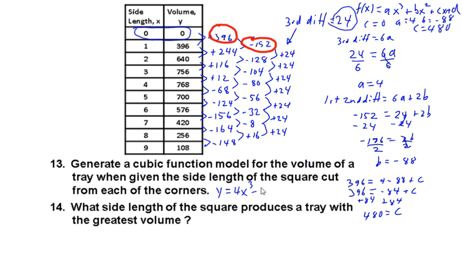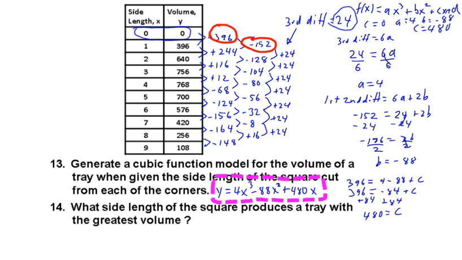So we have minus 88x squared plus cx, and c is determined to be 480. So plus 480x. And d is 0, we determined. So this is going to be our function or model right here.